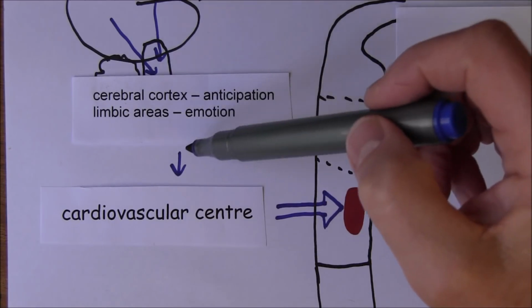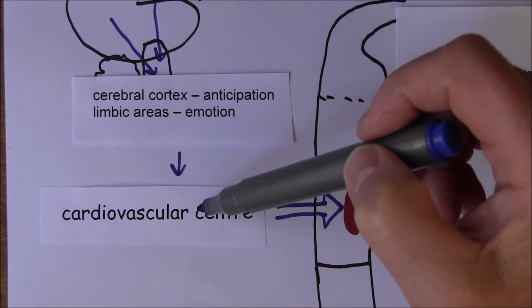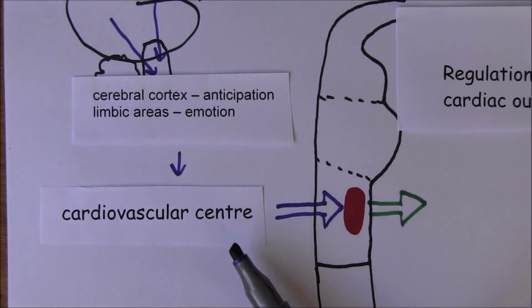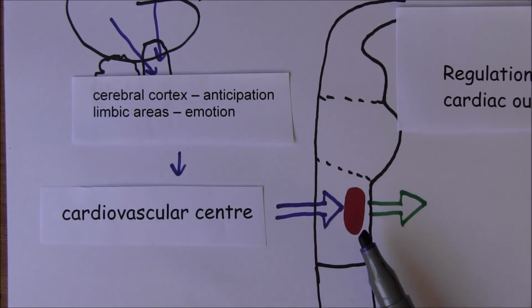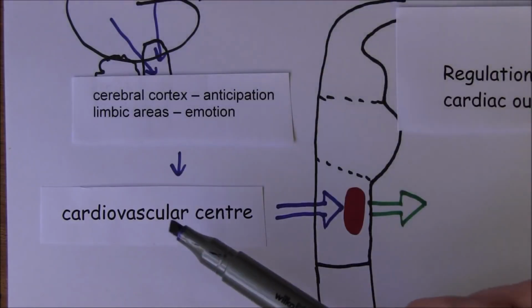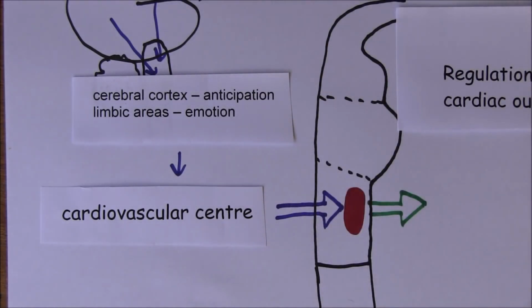And the emotion generated is going to go to the cardiovascular centre. And you can relate to this from your own experience. When you're anxious or when you're excited, you're aware of an increased cardiac activity. You might even feel your heart beating in your chest because of the increased cardiac output. So from the cortex down the way to the cardiovascular centre.